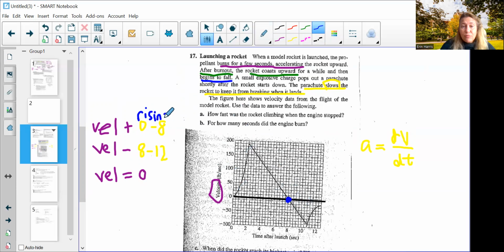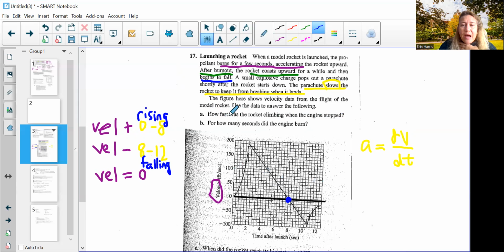It changes directions and begins to fall at 8 seconds, and then it's falling for the rest of the time. But as it's falling, suddenly it will be caught by the parachute, and begin to fall at a slower rate. Now the beginning of the path, so we're rising from 0 to 8.